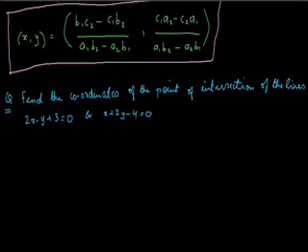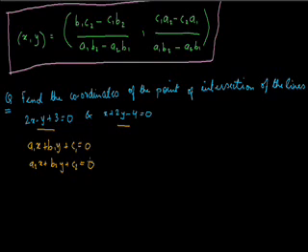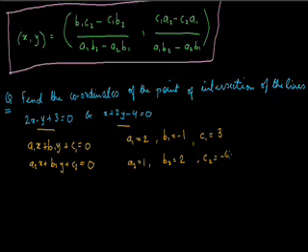So comparing these two equations with a1x plus b1y plus c1 equal to 0 and a2x plus b2y plus c2 equal to 0, we say that a1 is equal to 2, b1 is equal to -1 and c1 is equal to 3. However, a2 is equal to 1, b2 is equal to 2 and c2 is equal to -4.